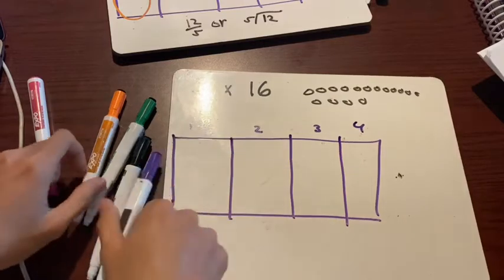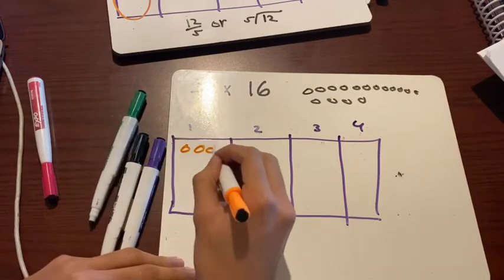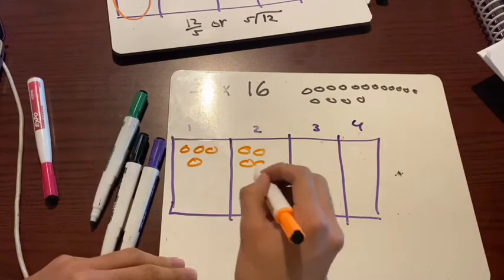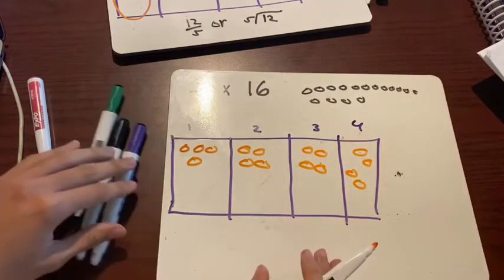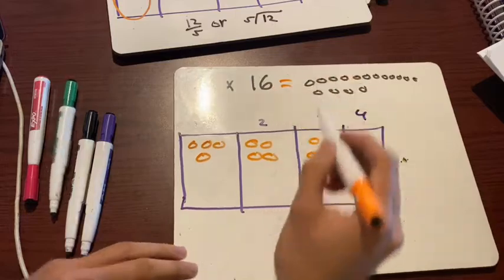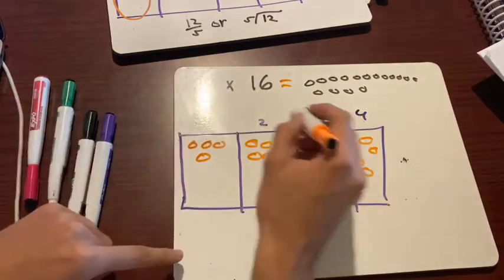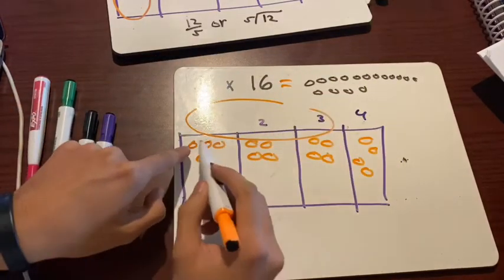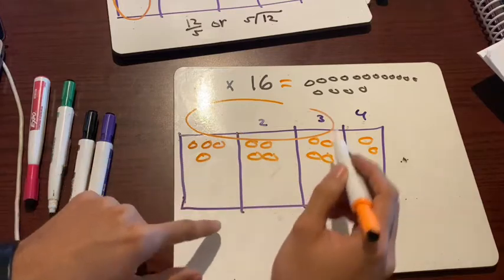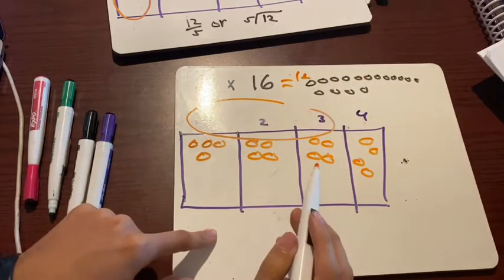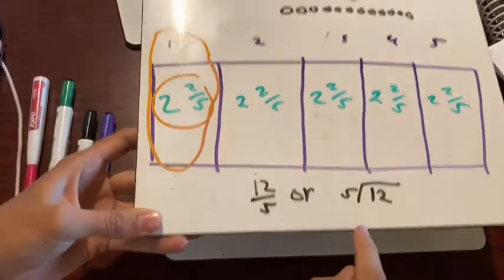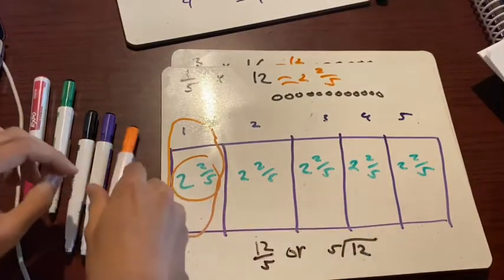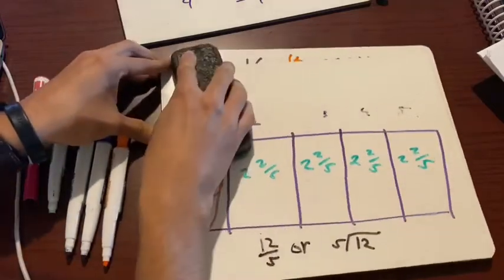We got 4, 4, 4, and 4. And so our answer was, they were grabbing these 3. So our answer is 12. But let's do it the other way with division, or using this standard algorithm. Let me just erase this.